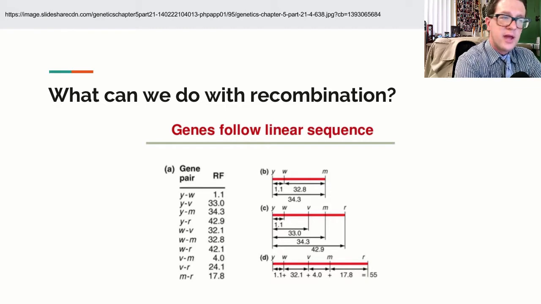Between the W and the M, the recombination was 32.8% of the time, which means how often should it happen between the Y and the M? 1.1 plus 32.8, which is, what, 33.9? 33.9% of the time, I should see a recombination between Y and M. And the answer turns out to be, no, it's actually 34.3. Your response is, wait, what? That doesn't make sense.